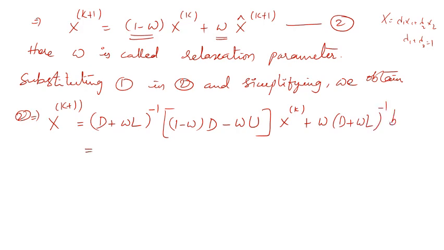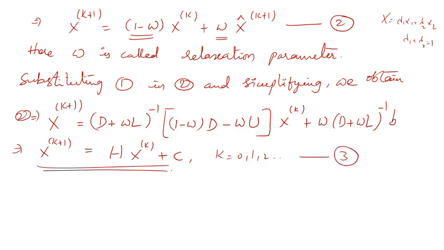This can be taken as x k plus 1 equals H x k plus c, for k equals 0, 1, 2 and so on. This is equation 3, our iterative formula in matrix form.